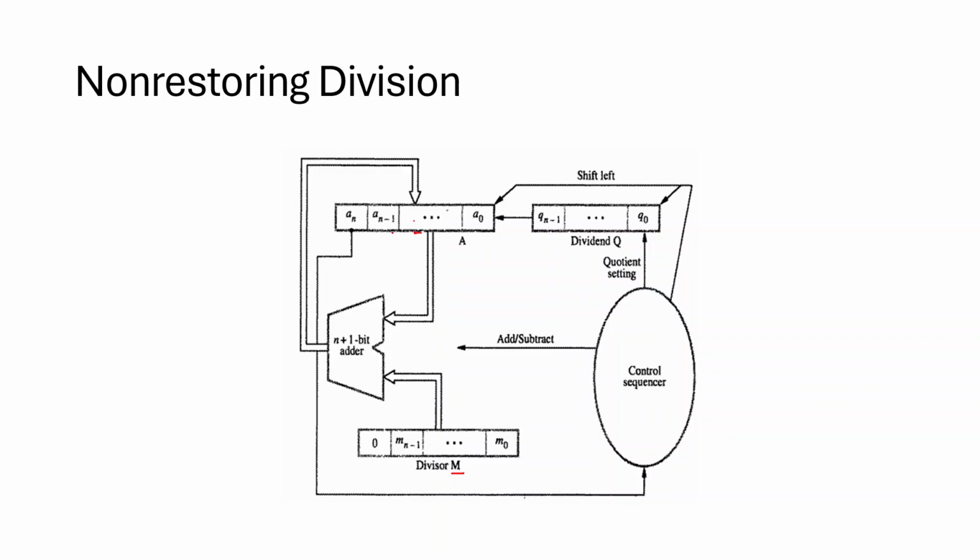And if it is 1, the control sequencer sets this quotient bit as 0. So depending on this sign bit, the control sequencer performs the operation, either add or subtract, and sets the LSB, the Q0 bit of Q. Okay, thank you.